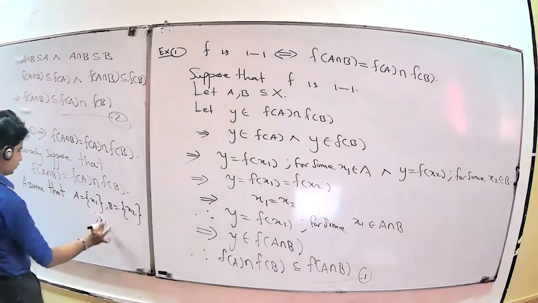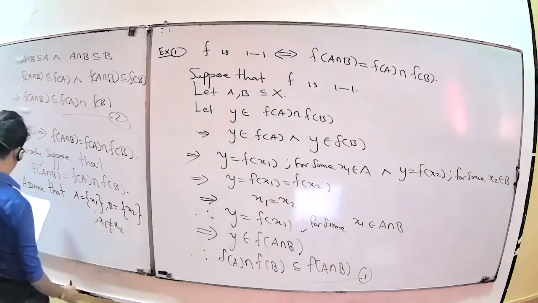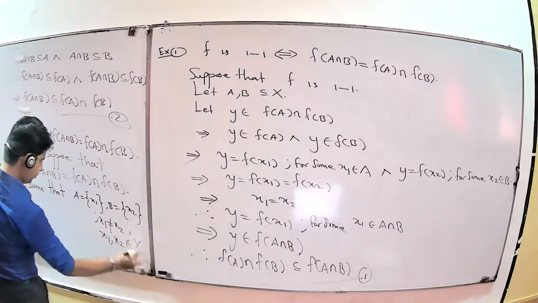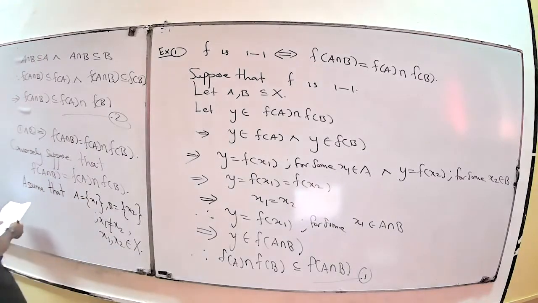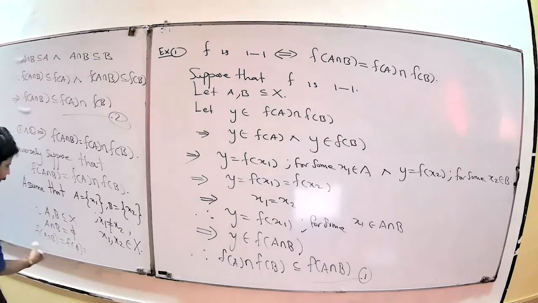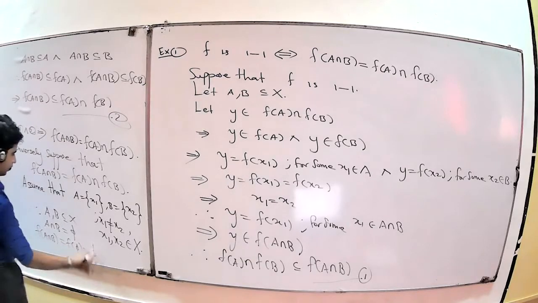Here x1 not equal to x2 and x1, x2 belong to X. Therefore, obviously A, B are subsets of X. And what is A intersection B? A intersection B should be empty. Suppose A intersection B is empty, then f of A intersection B equals f of empty. There is no element in A intersection B. f of empty is again the empty set.